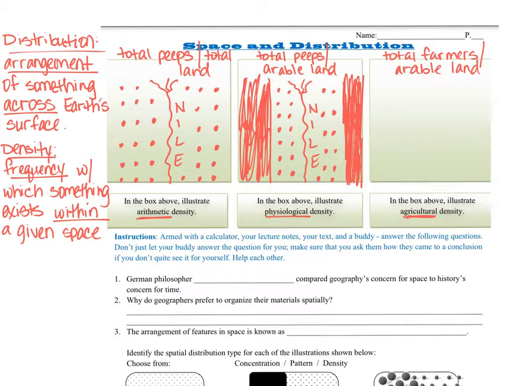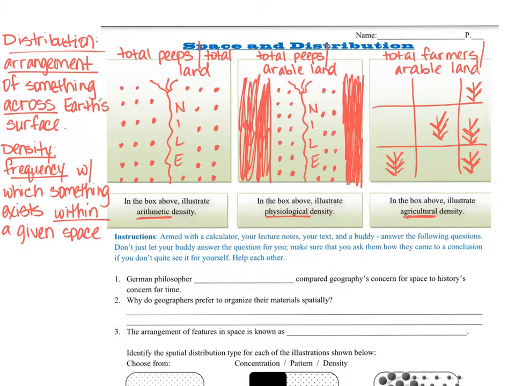So when we have countries like Egypt, they're going to have lots of farmers per square mile of farmland. I'm just going to draw some plants. That's because they are not a very developed country, so they can't afford all that. This might be corn.